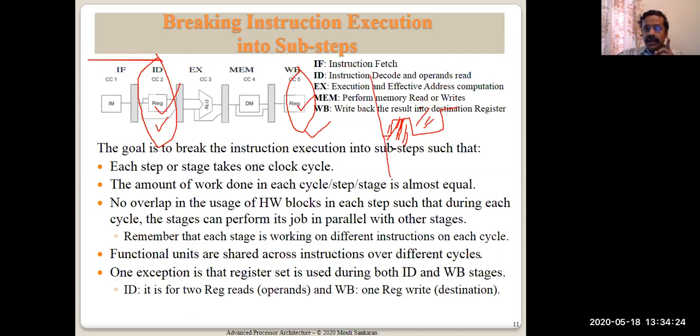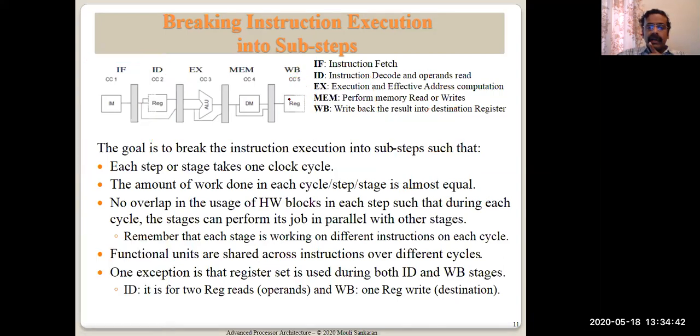The clock cycle is divided into two halves: this is the first half and this is the second half. It is shown first here, for the first half, with a solid line. If you notice clearly, there is a solid line here and a dotted line here. Similarly, a dotted line here and a solid line here.